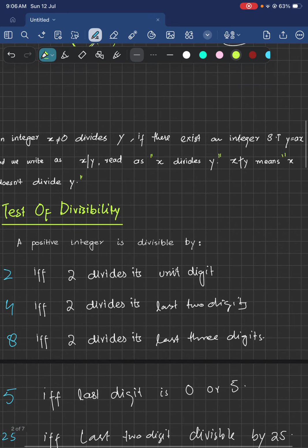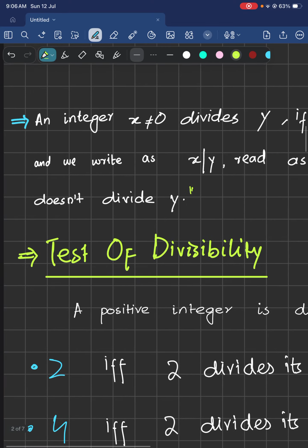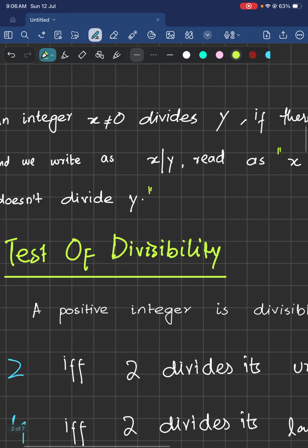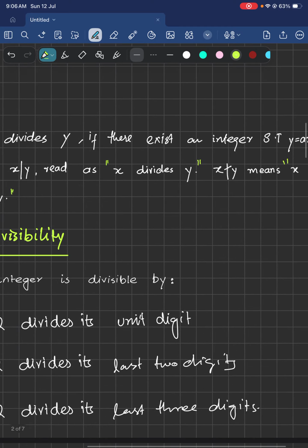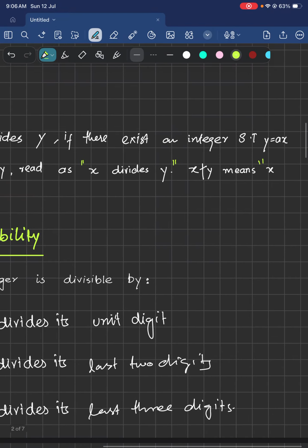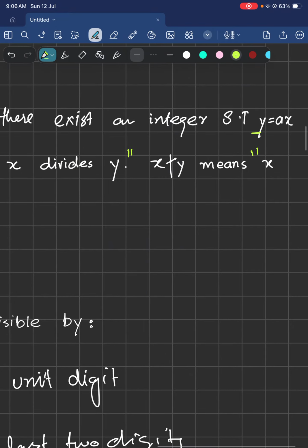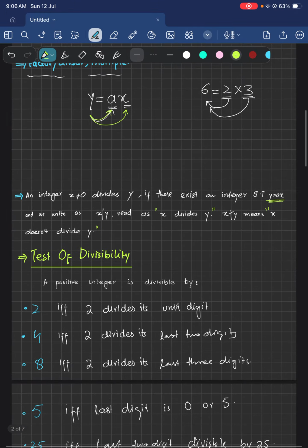This says an integer x not equal to 0, a non-zero number, divides y if there exists an integer such that y is equal to x times it, which primarily means the same thing I taught you: x is a factor if it divides y completely, and y is a multiple of a and of x.